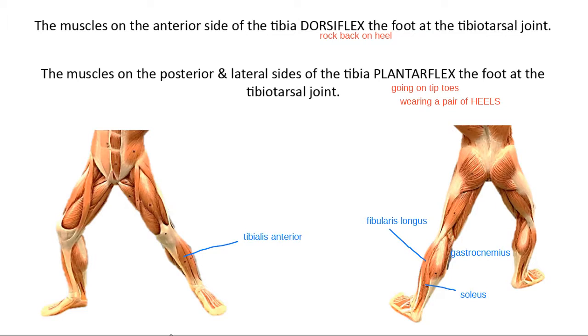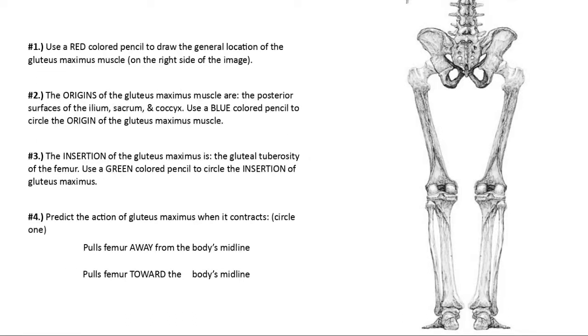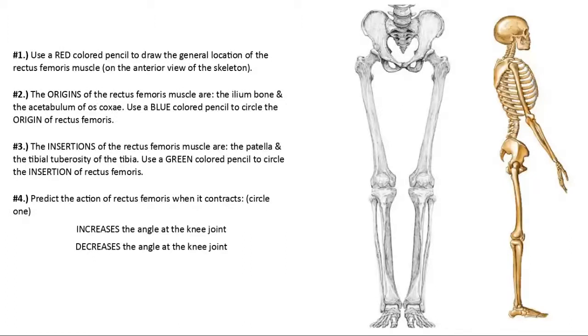Okay. I want to spend the remainder of our class time doing a couple of these activities. For my friends who had a chance to work on these last activities, are there any particular muscles that you would like me to do this with? There's Adductor Group, Gluteus Maximus.